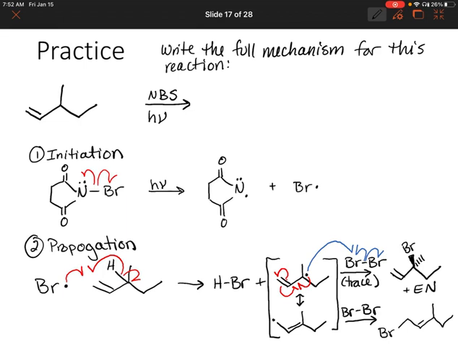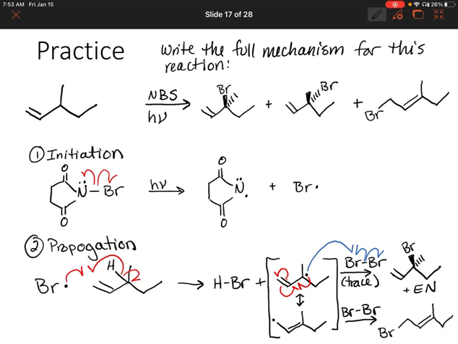So we would have a mixture of products. Let's draw all of these products up above. Let's draw our two enantiomers, and let's also draw that third product where bromine adds to the end of the molecule.